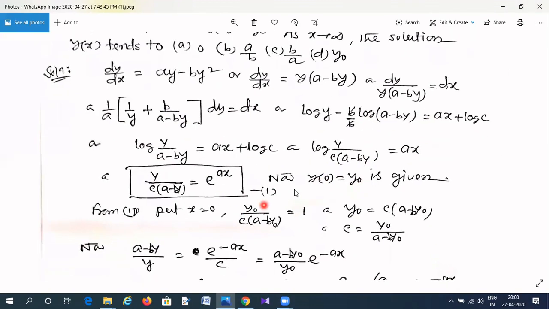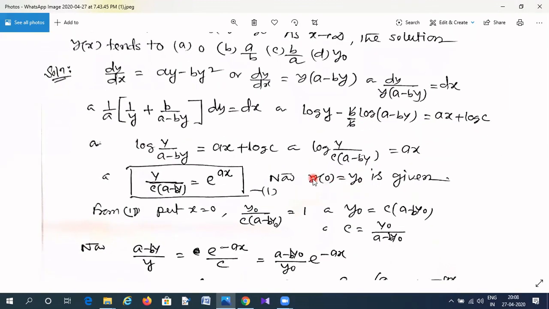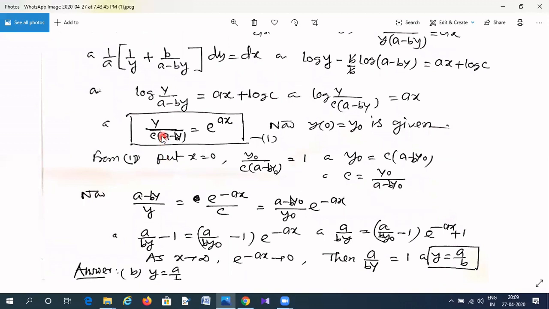So if x equals 0, the value of y becomes y0. Putting x = 0 in equation 1, y0/(c(a - by0)) equals e to the power a times 0, and e to the power 0 means 1. So after calculating, I found that the value of c is y0/(a - by0).